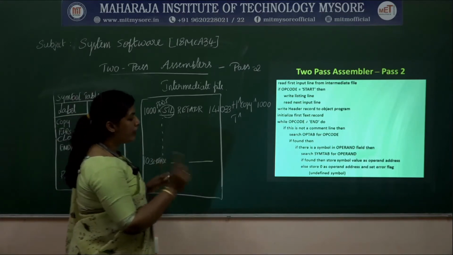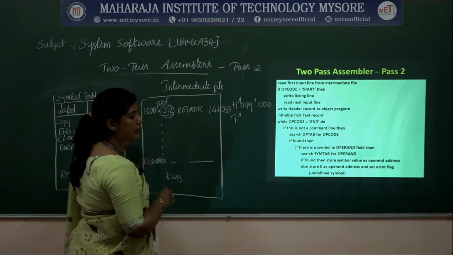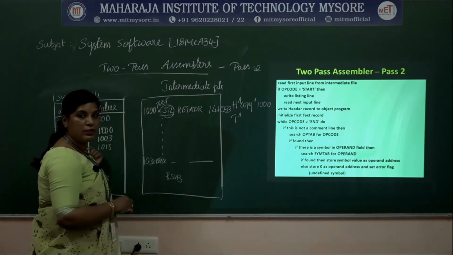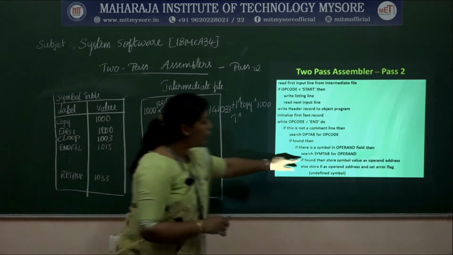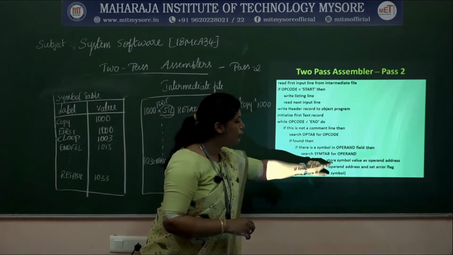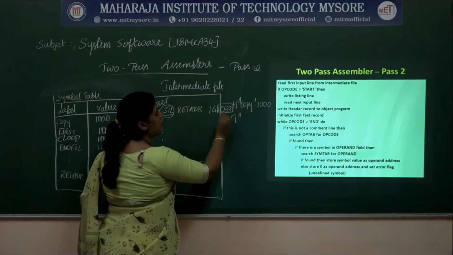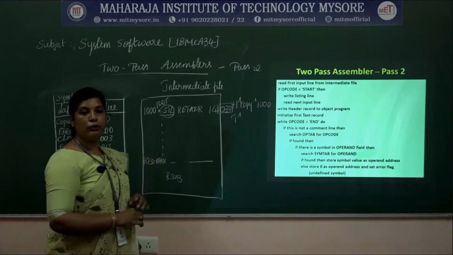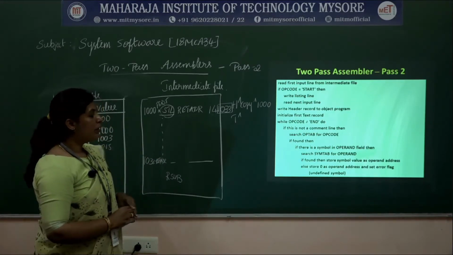So if there is any symbol in the operand field, search the symbol table for the operand. If found, it is going to store the symbol value as the operand address. What is the symbol value? 1033. So it is going to store that symbol value as the operand address in the object code.